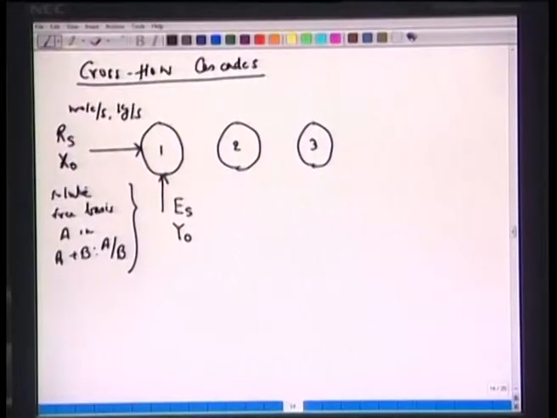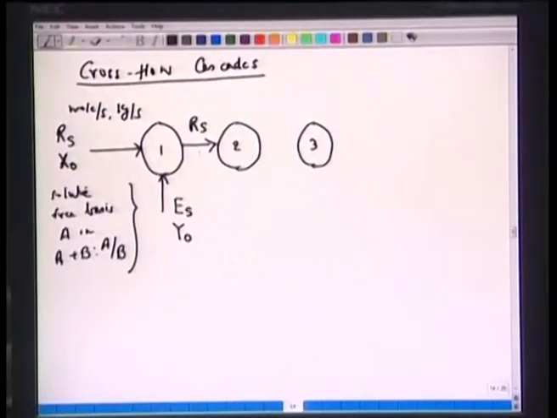So, Rs with x0 is brought in contact with Es and Y0, okay, and this stream leaves. Now, this will remain the same as Rs, the molar flow rate on an A free B free basis.